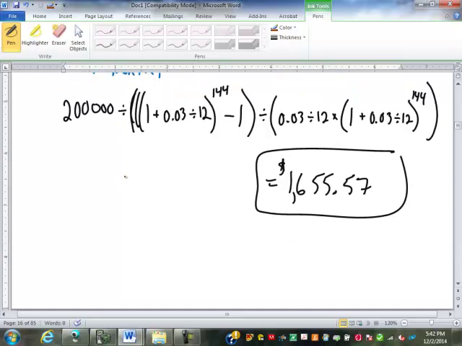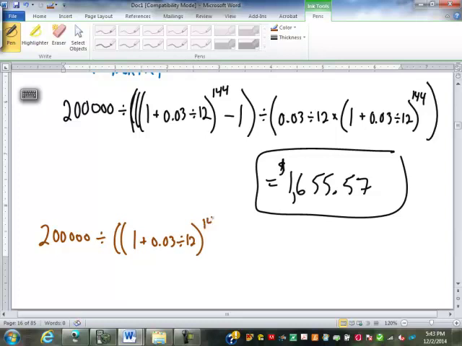Well, if you have the one-line display, let me show you how you'd enter that. 200,000 divided by only 2 parentheses. 1 plus 0.03 divided by 12. Close the parentheses, power of 144, minus 1, close parentheses, and hit equals.